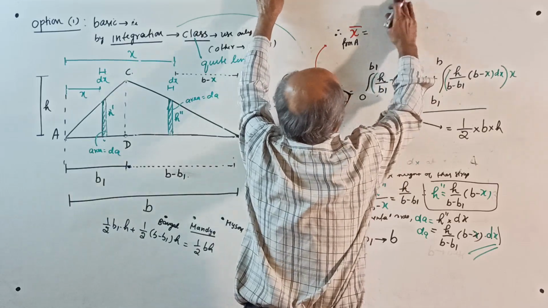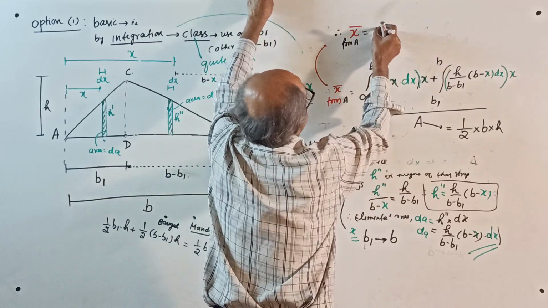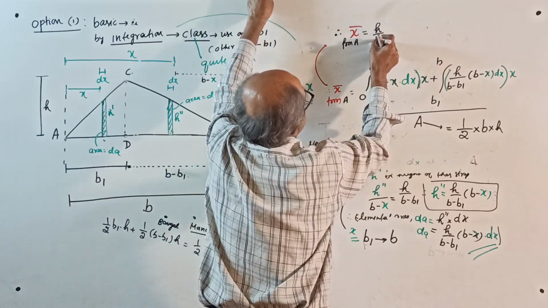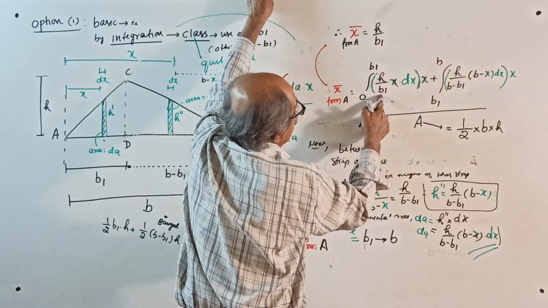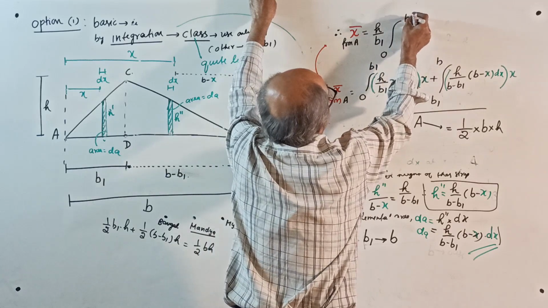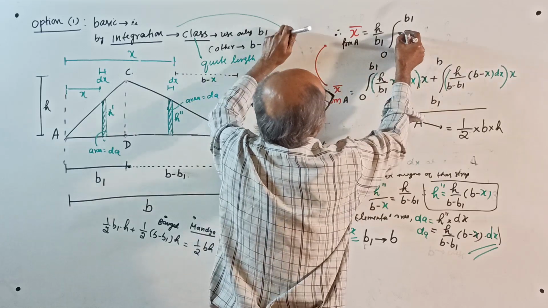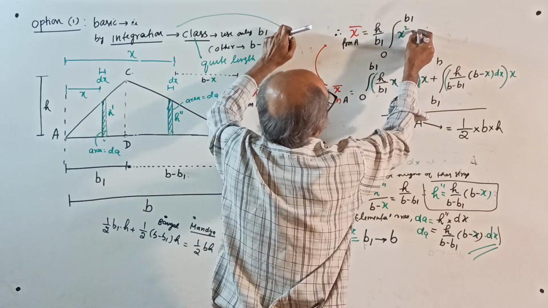I'll take the constant outside. H by B1, constant outside, integration 0 to B1 of x square dx.